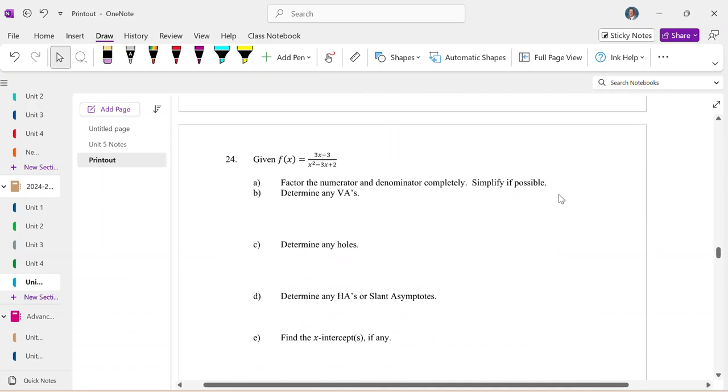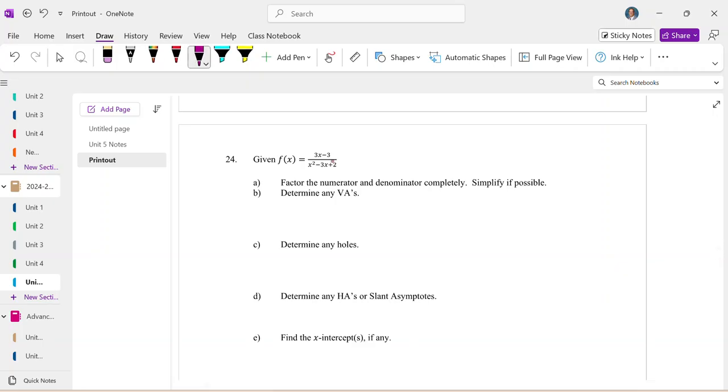Let's try again. So here we can factor, right? This is 3 times x minus 1. And this here is x minus 2 times x minus 1. Right? So now, notice we factored and then we simplify, right? So that means it's equal to 3 over x minus 2.